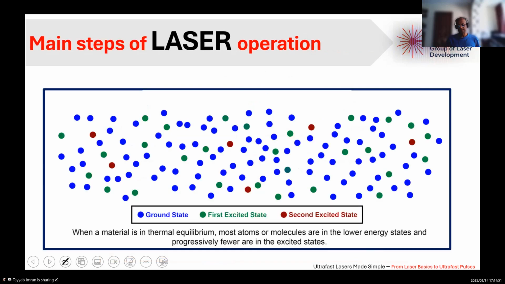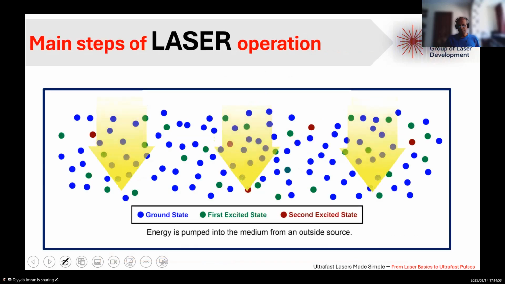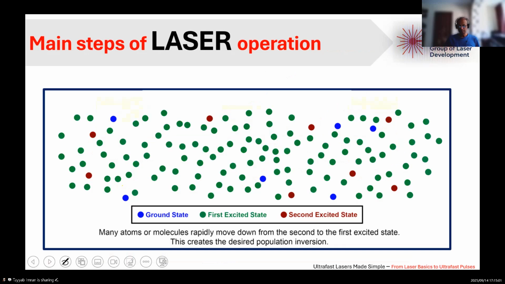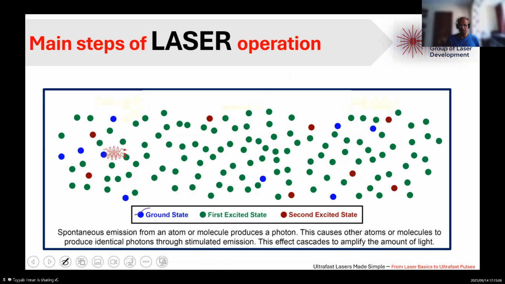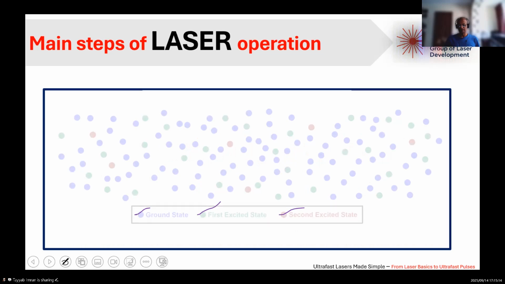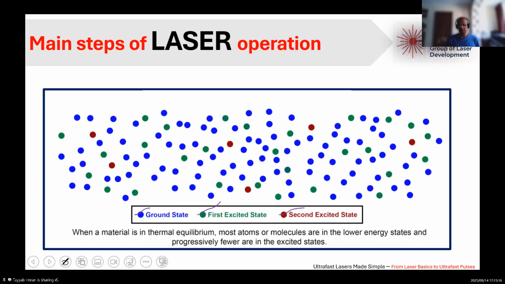And this is the action, what happens inside the cavity at the atomic level. The blue one is the ground state, the red one is the second excited state, and the green one is the first excited state.